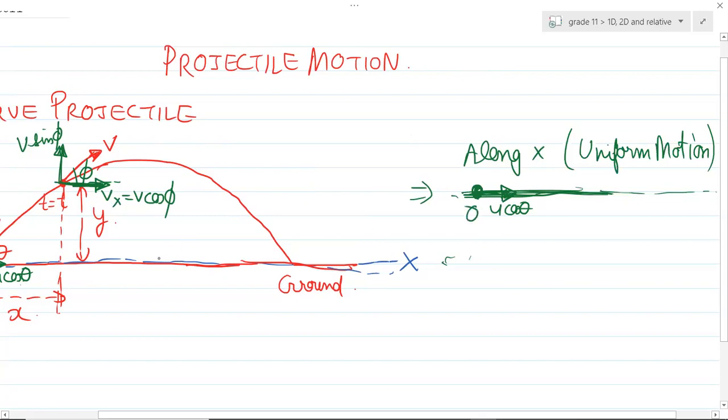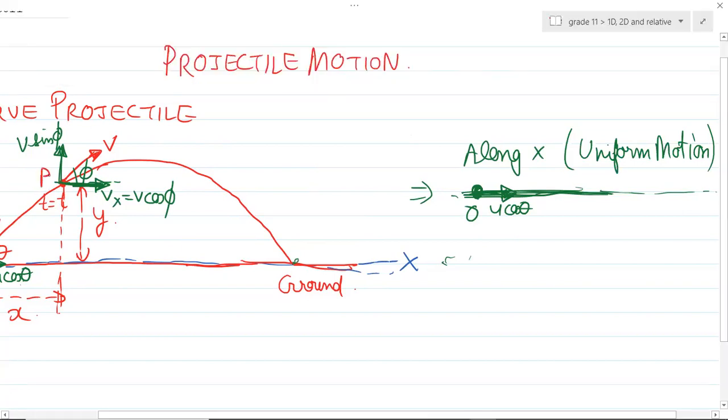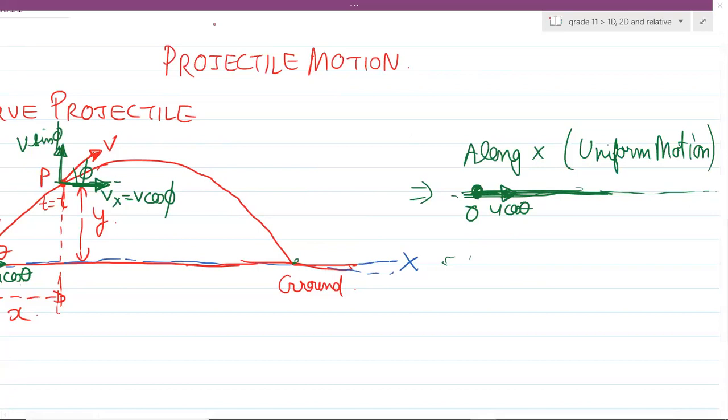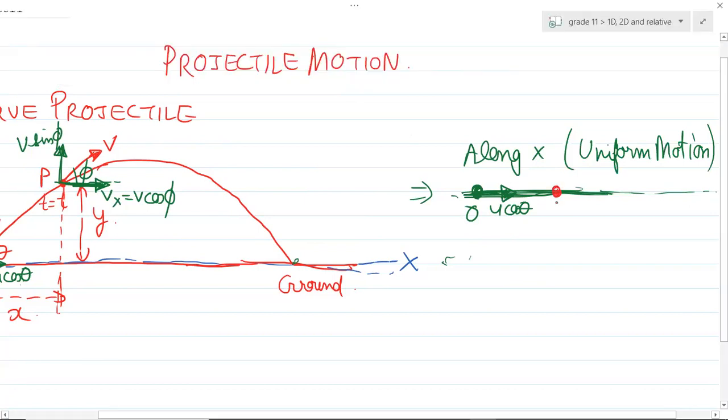So this will be point P at a horizontal distance x. This will be at t equals 0, and this will be at t equals t. Along x this will happen.